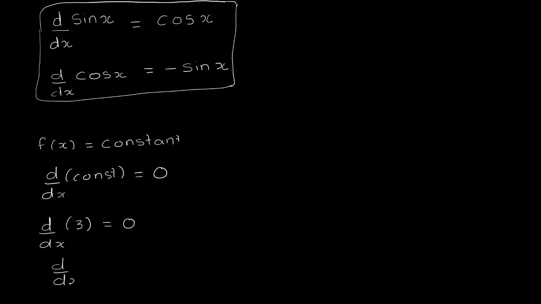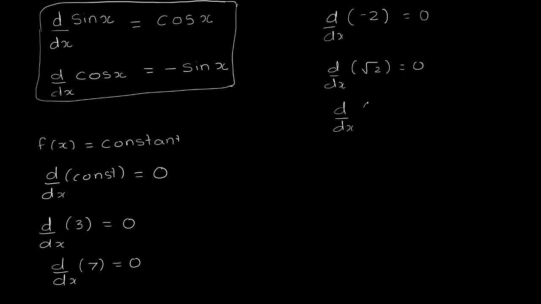D by dx of 7, it is a 0. D by dx of minus 2, a 0. D by dx of root 2, a 0. D by dx of pi, a 0. D by dx of 100 or 1000 is a 0. Okay, so for any constant, it is a 0.